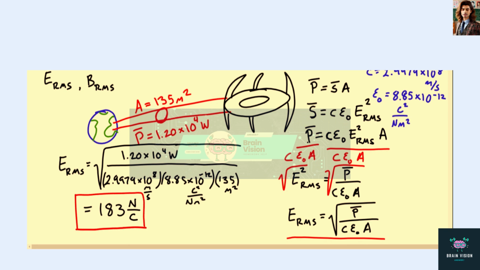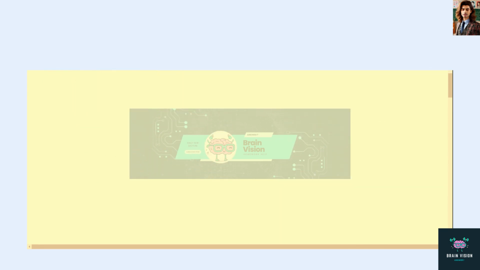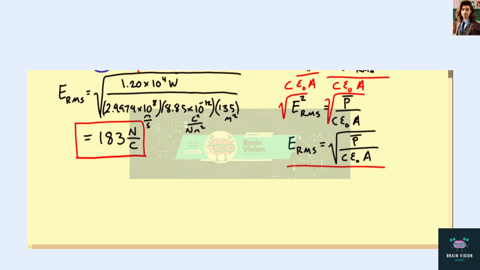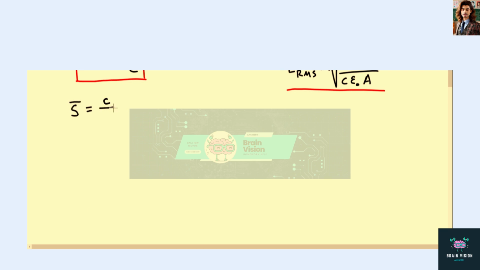Next, let's take a look at the magnetic field. And we're going to do pretty much the same thing, except that we have a slightly different intensity that we're dealing with. So when it comes to the magnetic field, the intensity is equal to C over mu naught times B squared RMS.